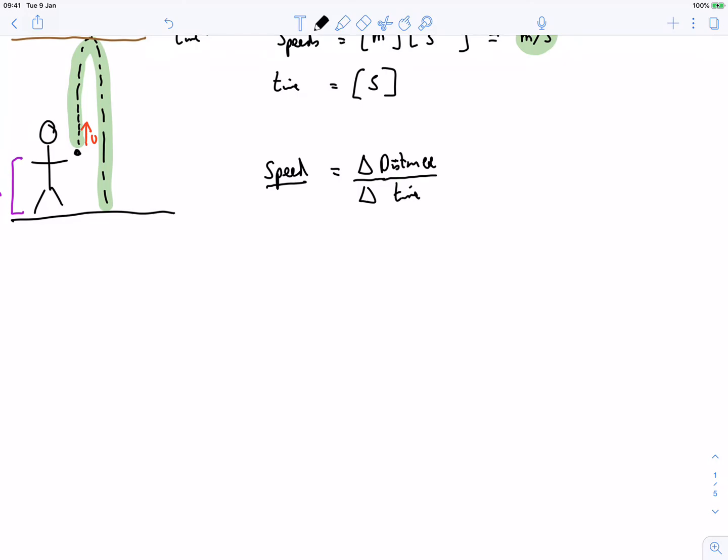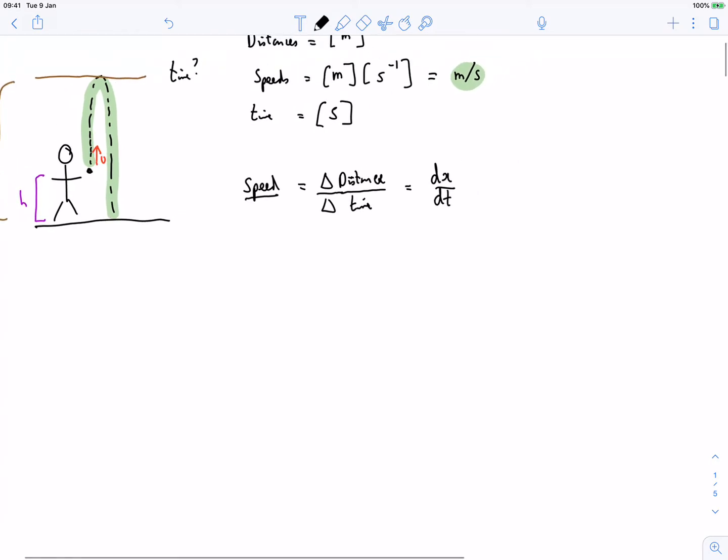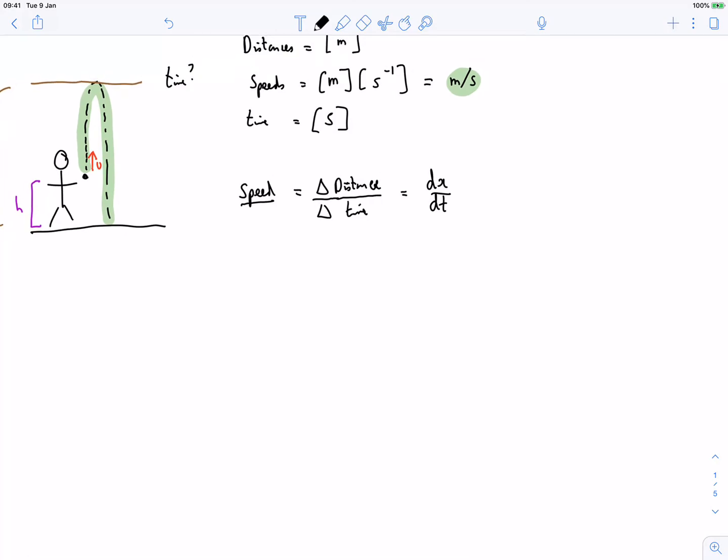We've done a bit of differentiation already, and we should know that this is dx by dt. Because that statement is saying the change in x per the change in time. A measurable change in distance over a measurable change in time as you let that interval between the two measurements become infinitesimally small.